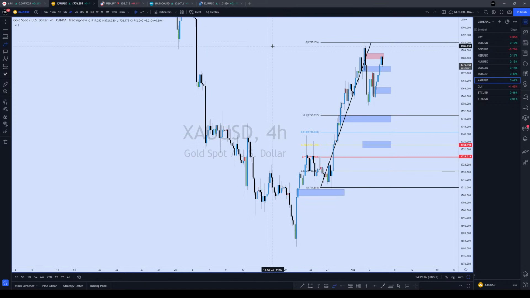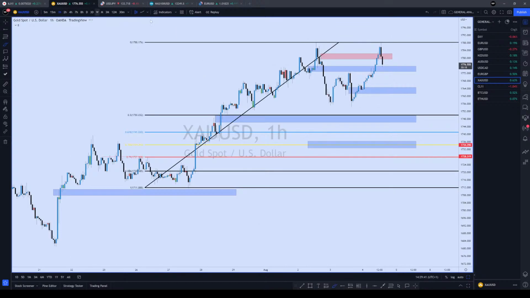It bit me, and I don't want to chase. I don't want to revenge trade it. So I'll just let it be and wait. It will give me more information as to what it wants to do.